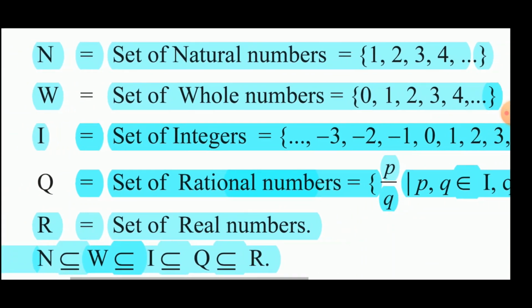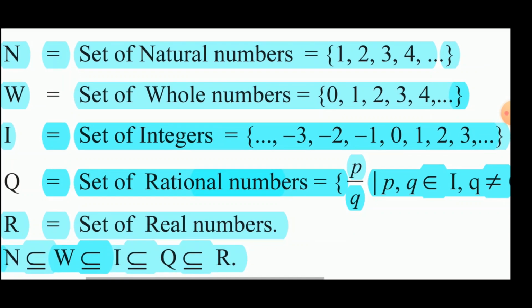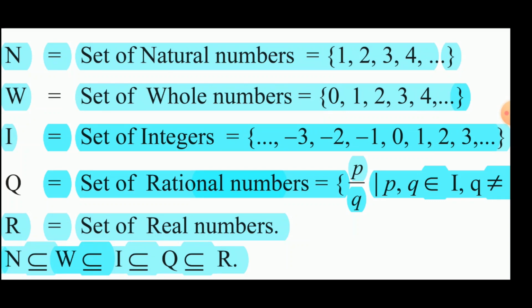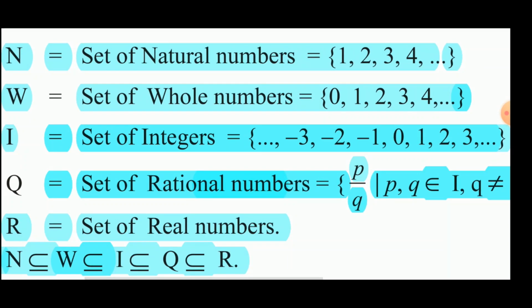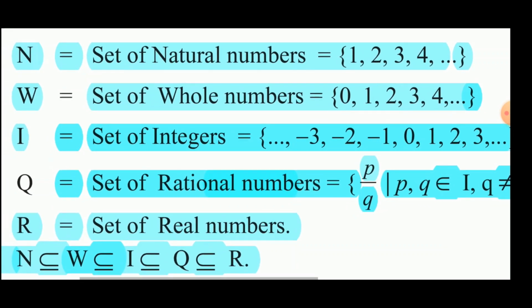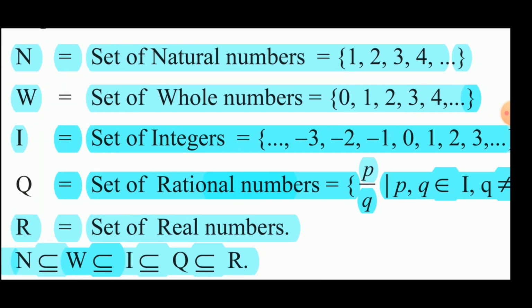Now after the set of integers, the question arises: if you have fractions, of the form p upon q, where p and q both are integers, in which set of numbers should these fractions be included? So for that, the set of rational numbers was discovered.